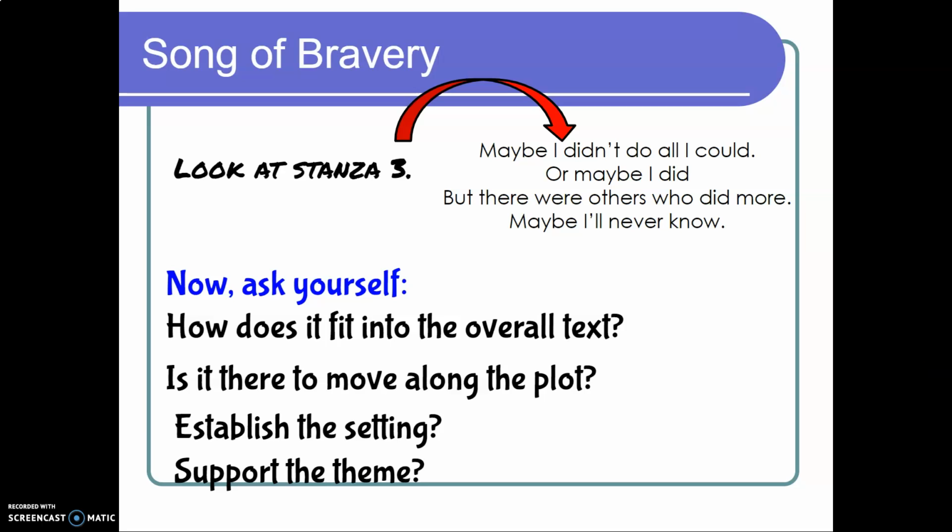I definitely think that it does move the plot along. But I think, too, that it supports the theme. I don't see anything to do with the setting in there. So, what do you think?